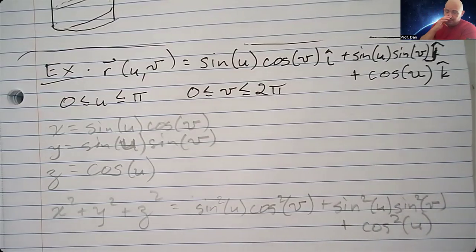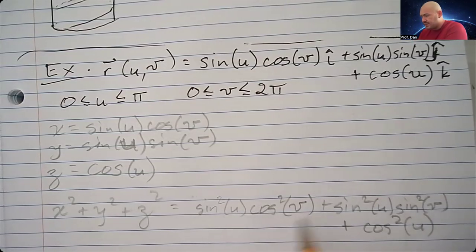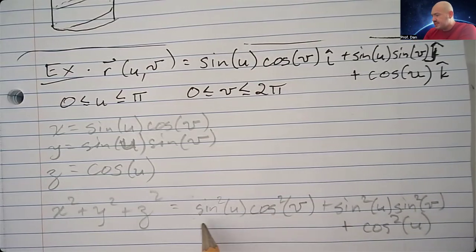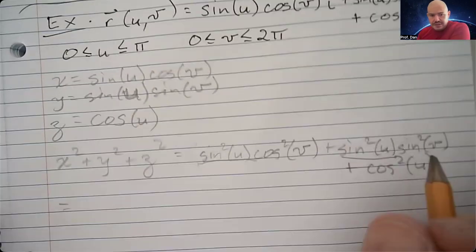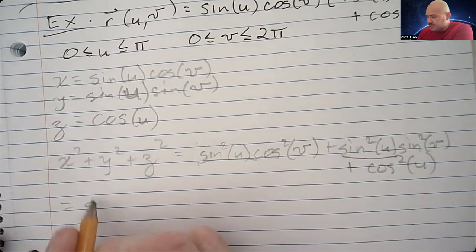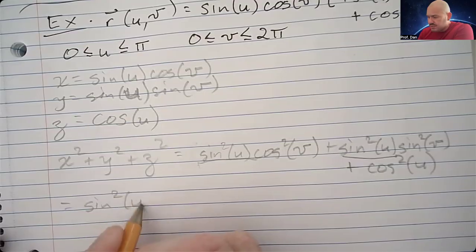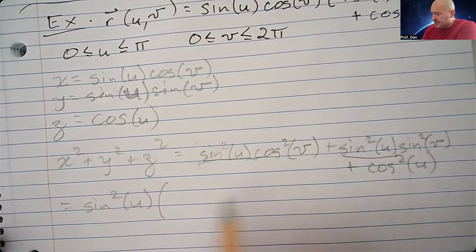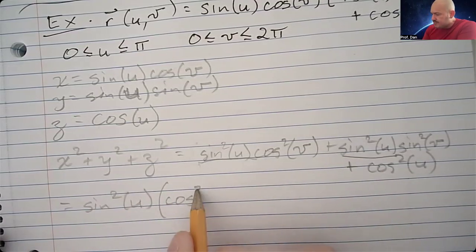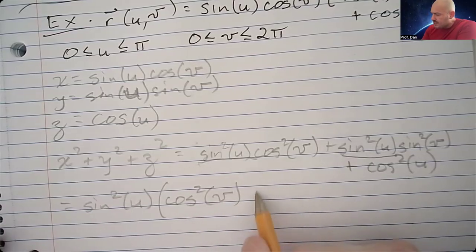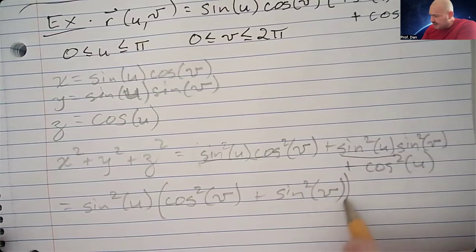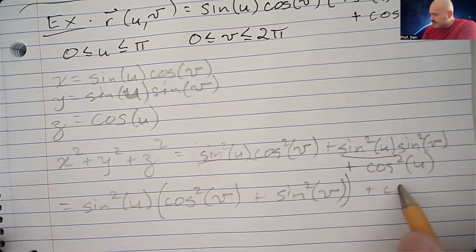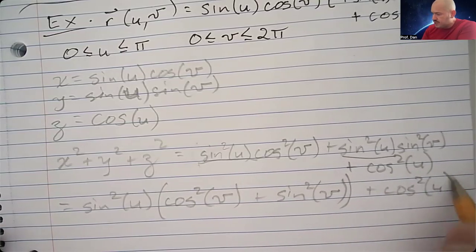This is what I get from squaring x, y, and z and adding them together. Now, if I were to look at these first two terms, notice that you have a sine squared u in both of them as a factor. So you can factor out sine squared u, and that's going to leave behind cosine squared v plus sine squared v. And then left over, we have this cosine squared u.